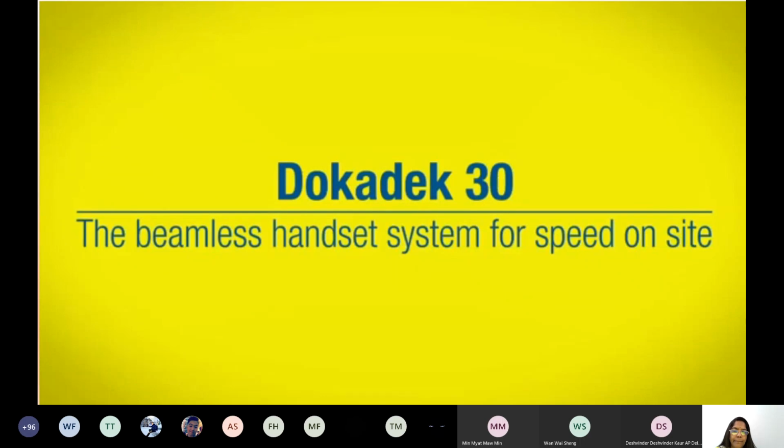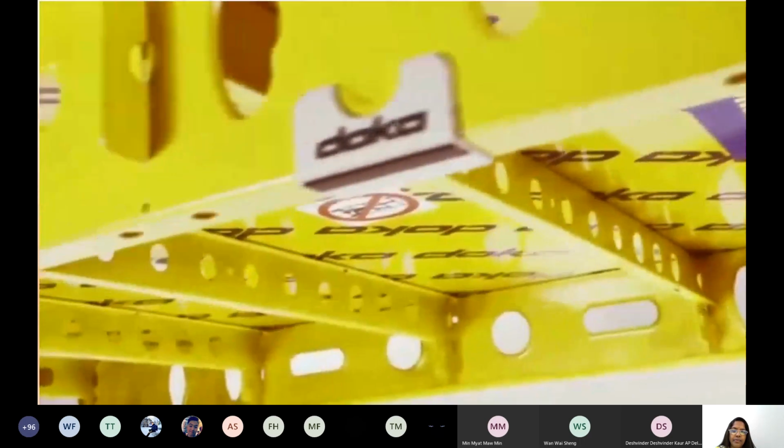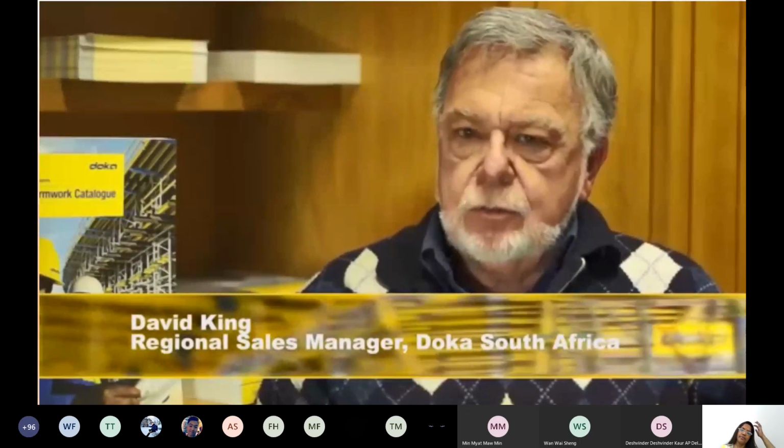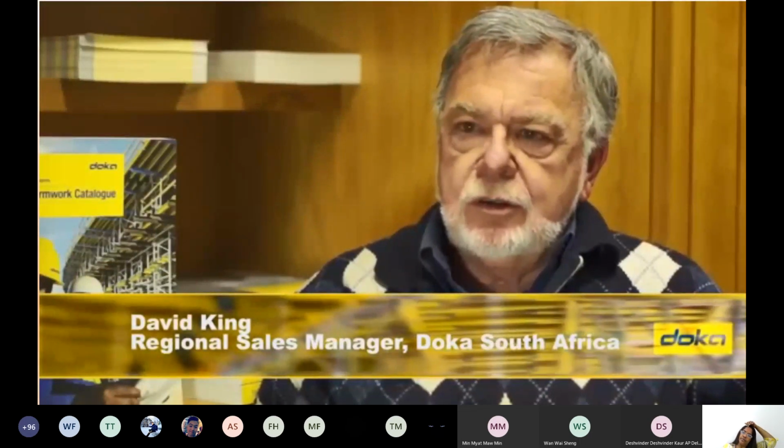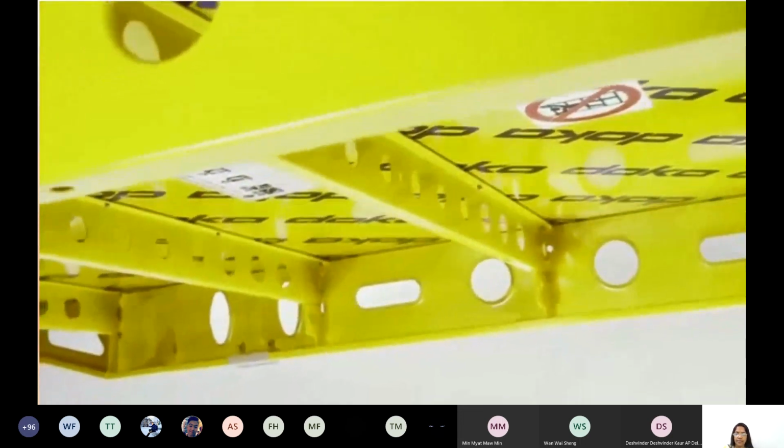Doka South Africa introduces the globally renowned Doka Deck 30 panel floor formwork. Okay, the Doka Deck 30 system we've brought into South Africa because we see the need for a modular lightweight system. There's not many components. We've kept them down to a minimum, which obviously makes life easier for labor.